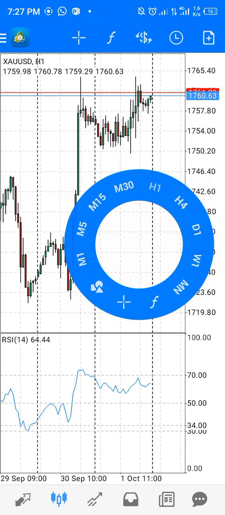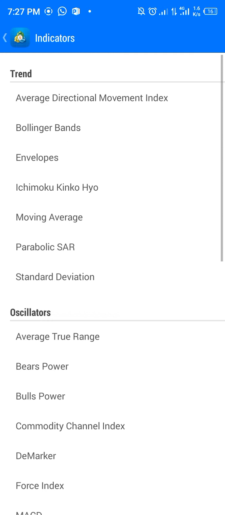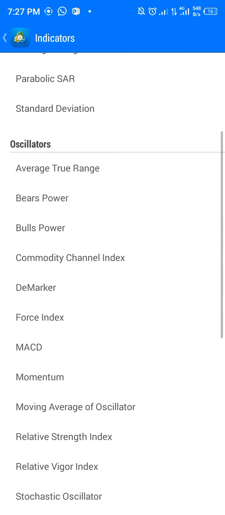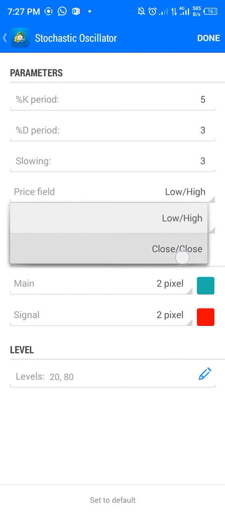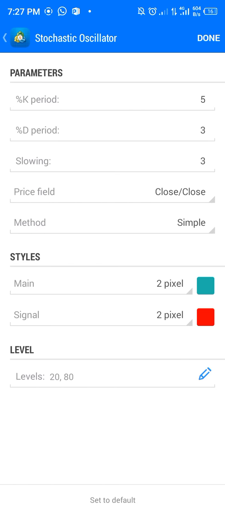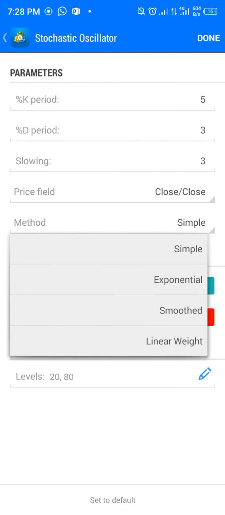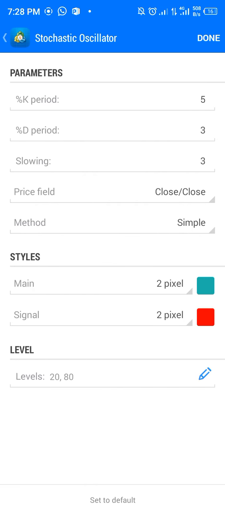The second indicator is the stochastic oscillator. Everything is just custom 5-3: K period 5, D period 3, slow period 3, price field applied to close, and method should be simple.